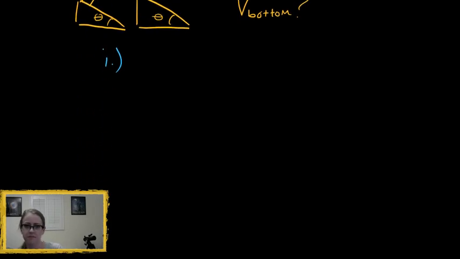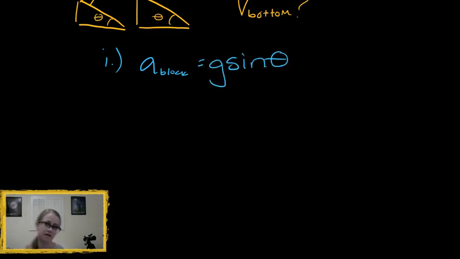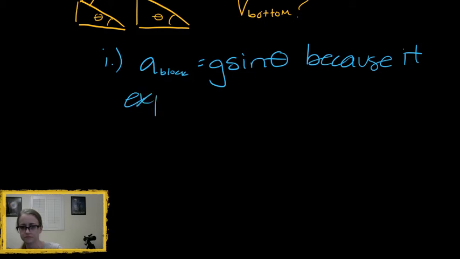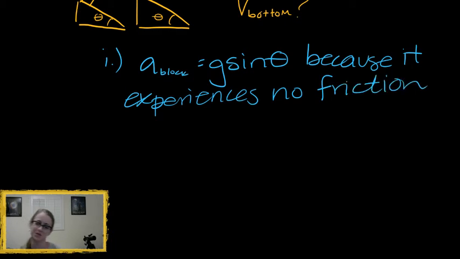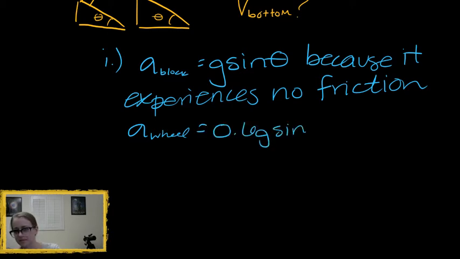The block is just g sine theta, because it experiences no friction. And then we can refer back to our answer from part B. We said a wheel is only 0.6 g sine theta.